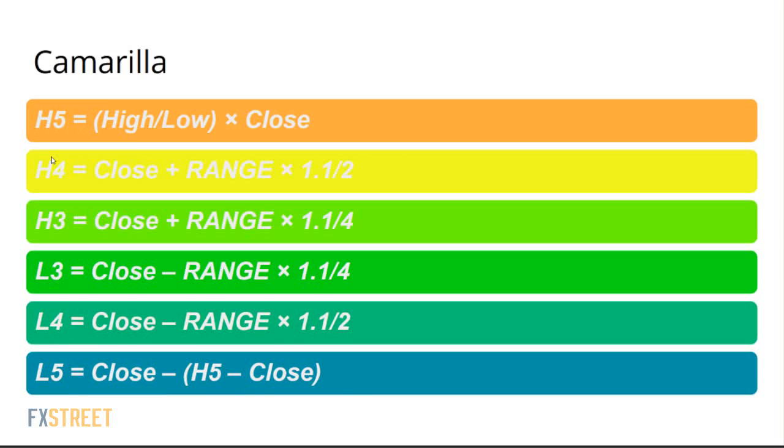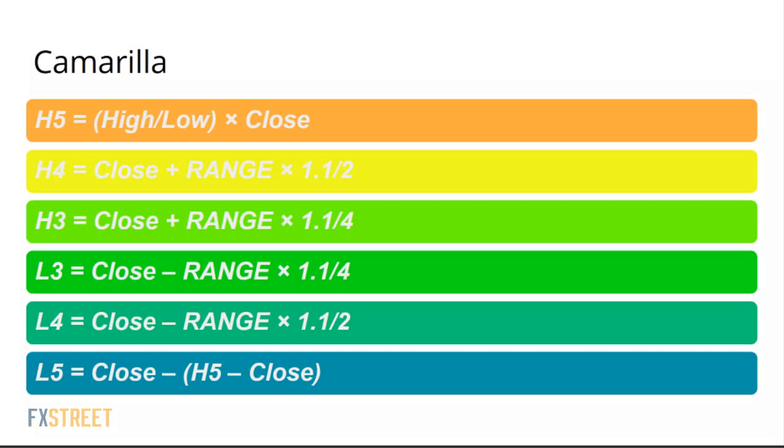For Camarilla, it's important to know that the calculation is like this. We have basically 6 most important levels: L3, L4, L5, and H3, H4, and H5. Some Camarilla indicators I have seen on the market use L1 and L2 levels a lot of times.